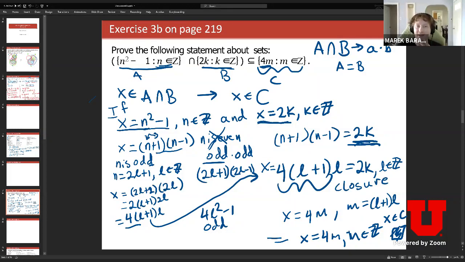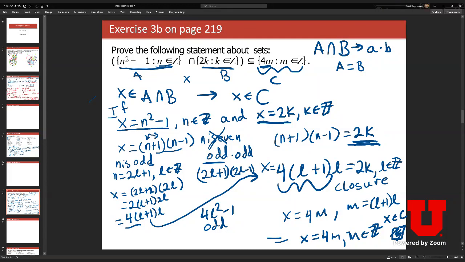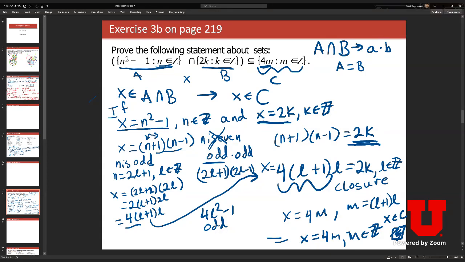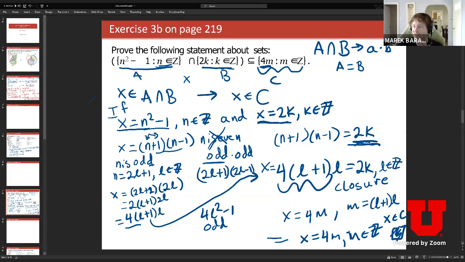Because we're trying to show that this x that's in the left-hand side is part of the right-hand side. So I'm not quite sure if that's what you're asking. Okay, so maybe the end goal is just to prove how x equals 4m then. Yes, show how x equals 4m.